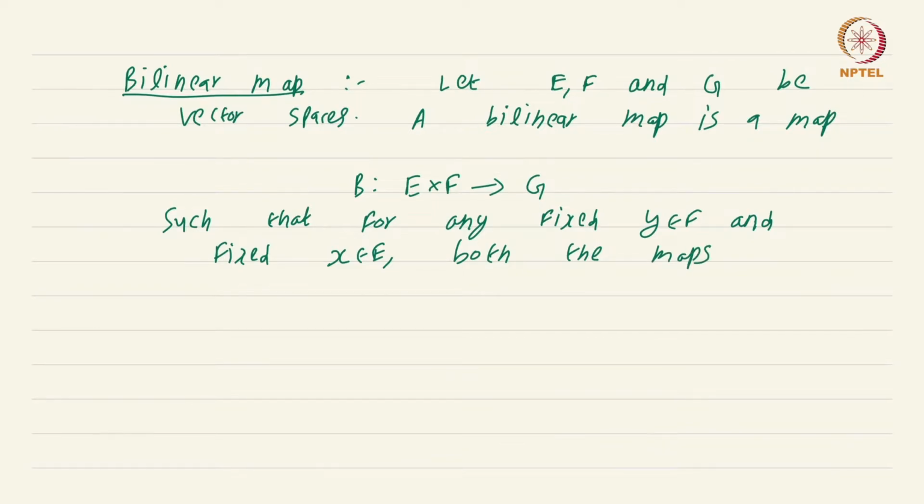So you fix the first slot to be x and treat the second slot as a variable, so you will get a map from F to G, and you treat the first slot as a variable and the second slot is fixed, so you get a map from E to G. Both these maps should be linear.